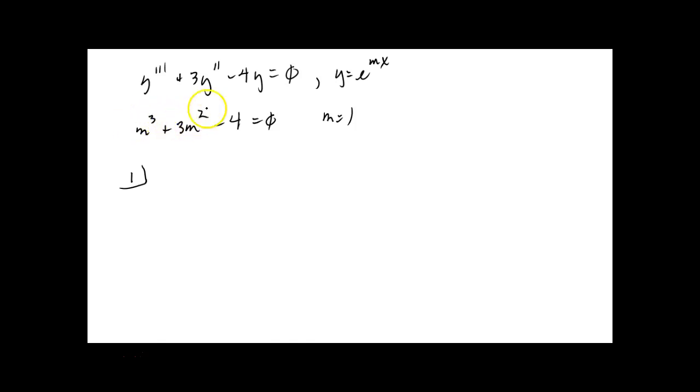Your coefficients. Be sure you're in descending order of your powers, and we are. So that's going to be 1, 3, 0, negative 4. You have to account for every term. And you're missing an m, so you put a 0 in.